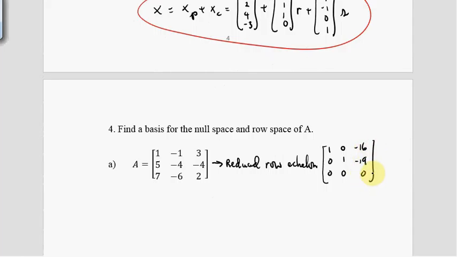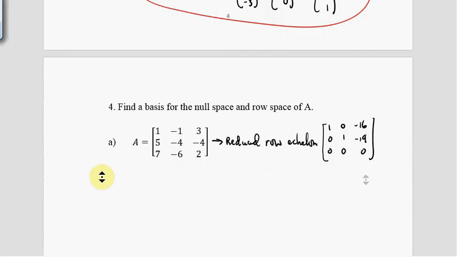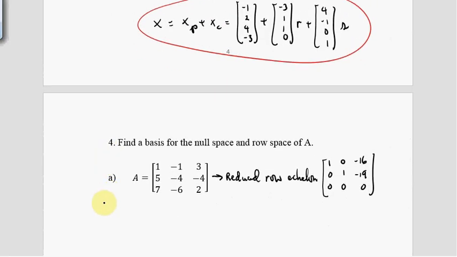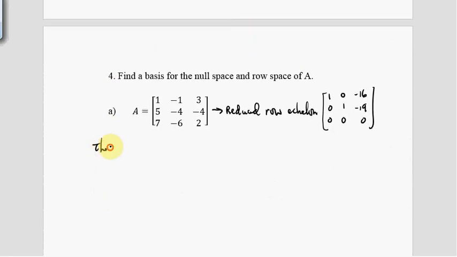Now it's easy to get the row space first. The theorem above said that when you reduce the matrix, you see the leading ones, those particular rows become a basis for the row space. So R1 and R2.